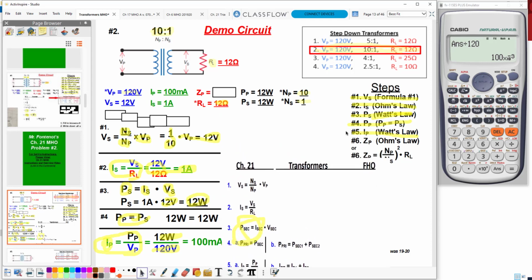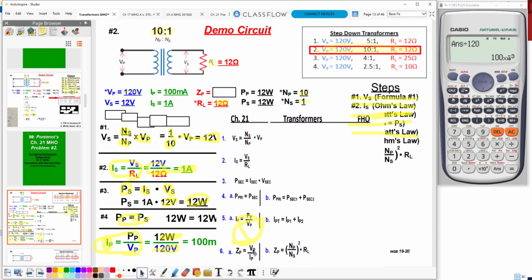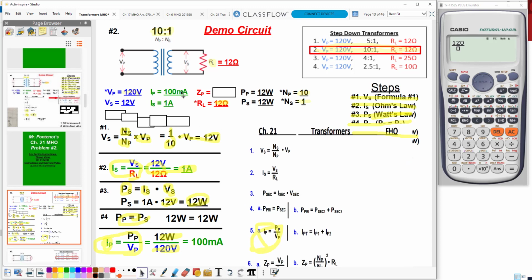And my IP is 100 milliamps. So my VP is 120 volts over my IP, which I just calculated to be 100 milliamps. 100 times 10 to the negative third equals, and that tells me that the impedance of my primary is 1.2 k ohms.